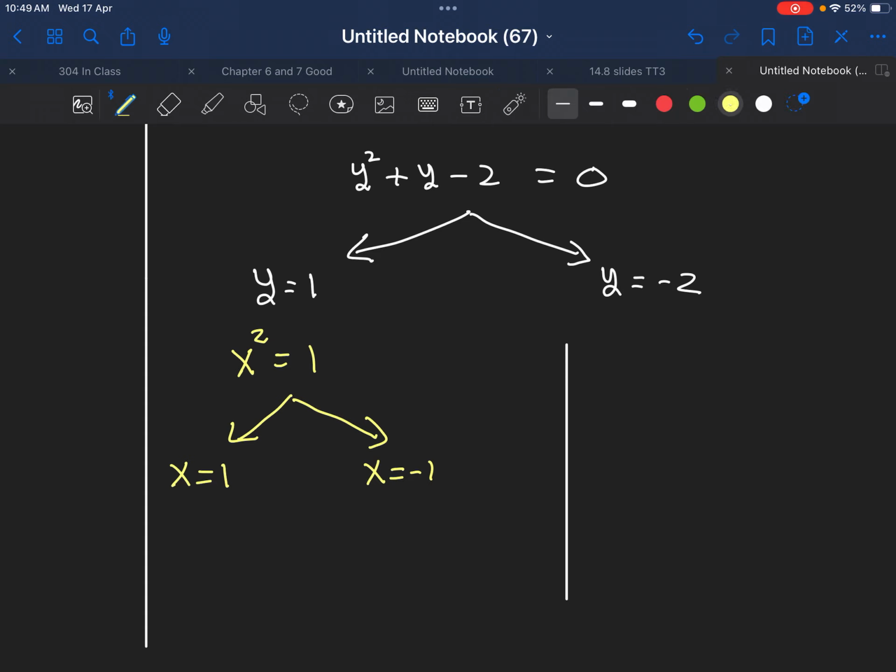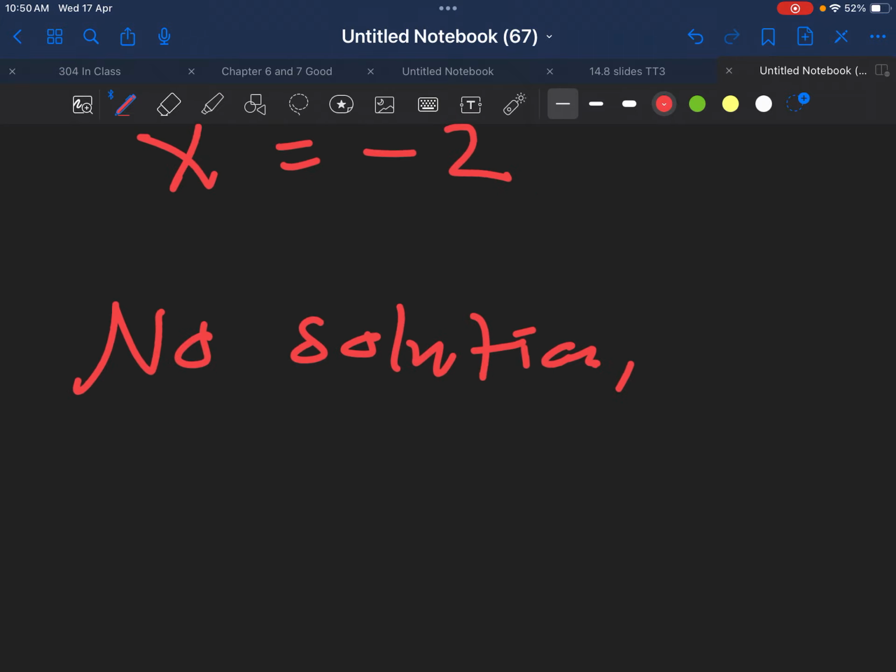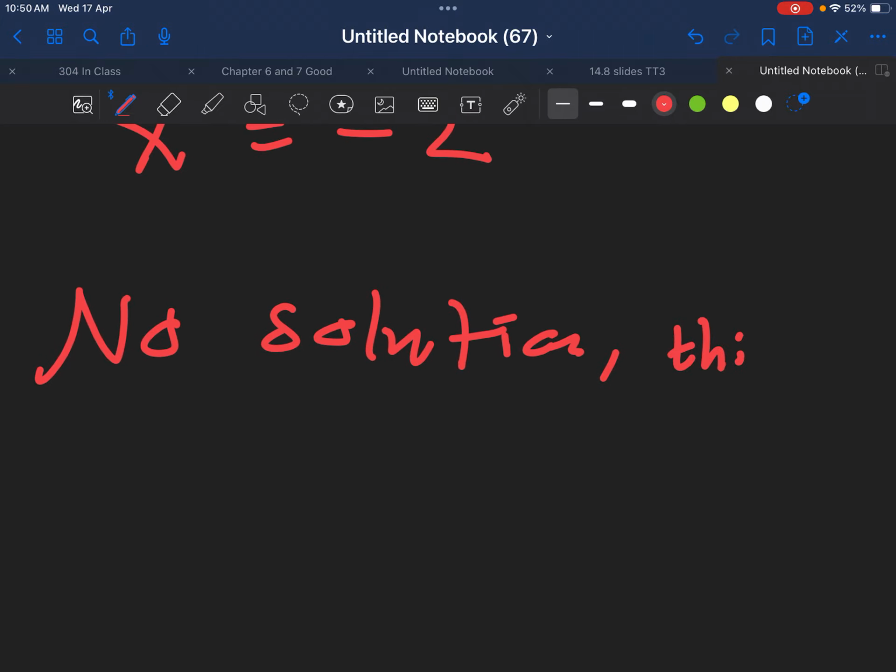But before that, let me deal with this side here. In this side, I will have x squared equal to minus 2, which again has no solution. So this branch or this option is disregarded.